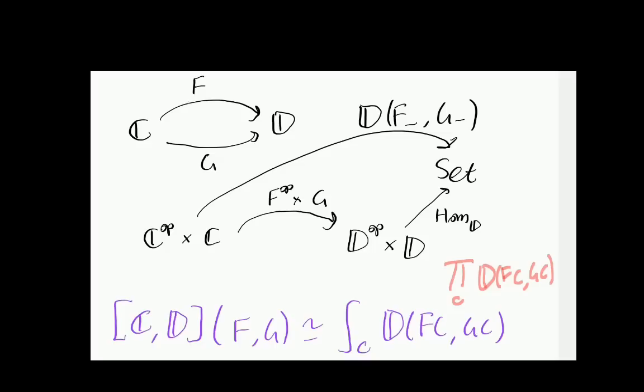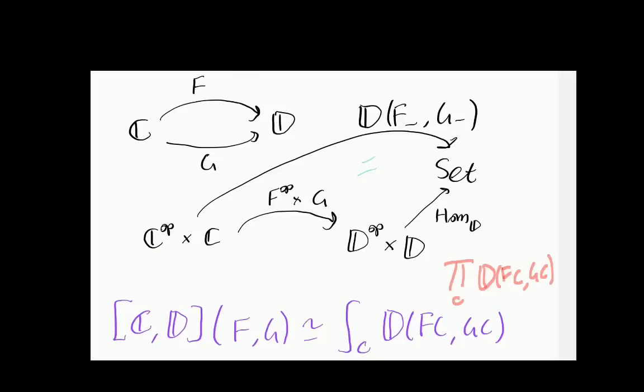We have these functors f and g from a category C to a category D. And then if we form this composition here, we can call this composition D of f blank comma g blank. And so it's going to be sending an object like this to the set of arrows from f of c to g of c dash.